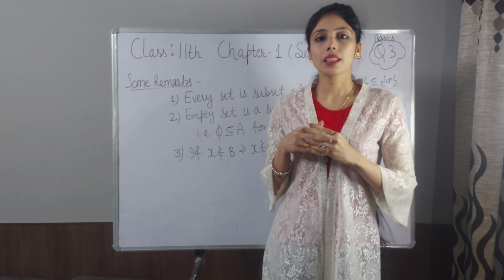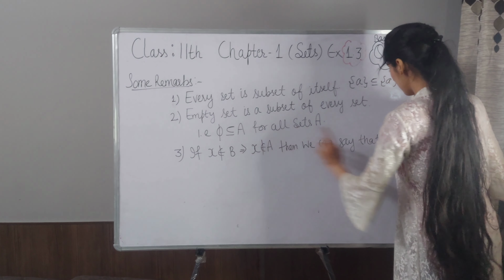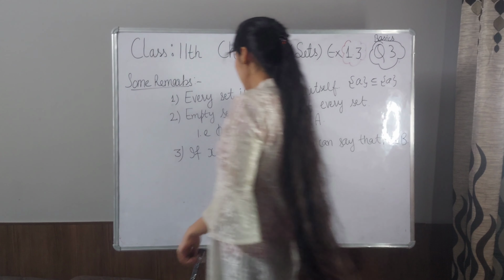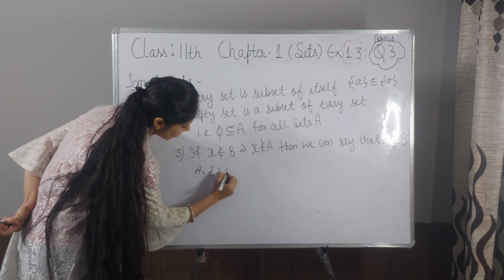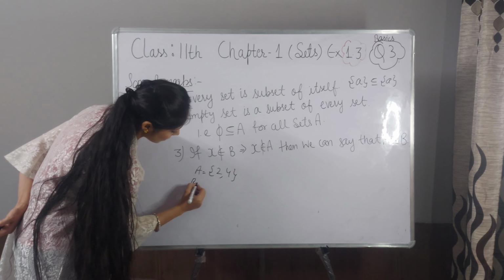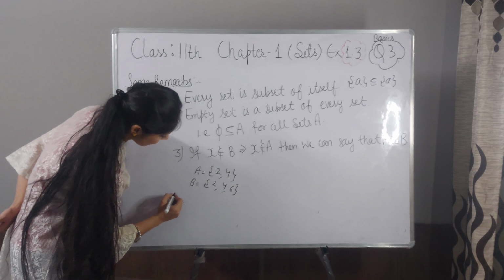The third remark is: if x doesn't belong to B implies x doesn't belong to A, then we can say that B is the bigger set. Let's take some example. Let A be equal to {2, 4} and B be equal to {2, 4, 6}. Let's take 1.